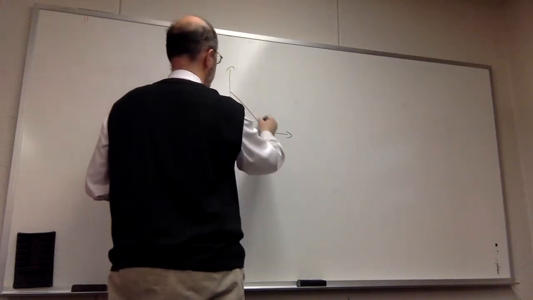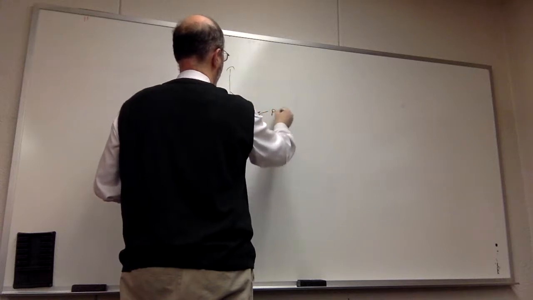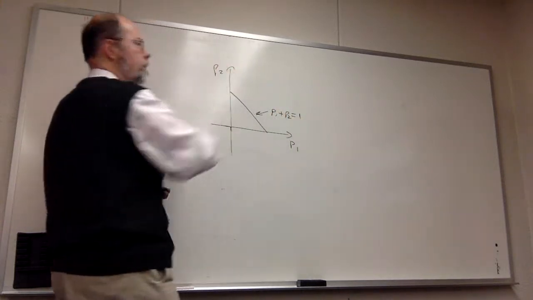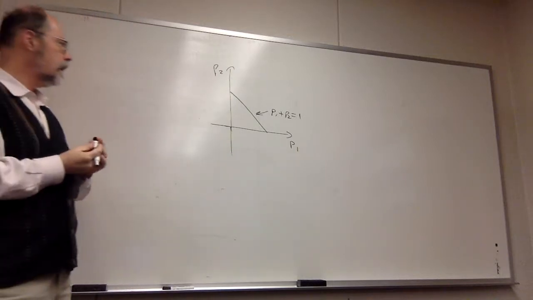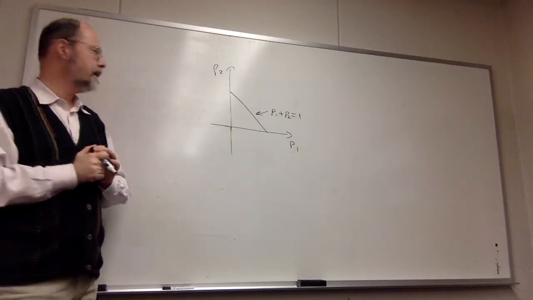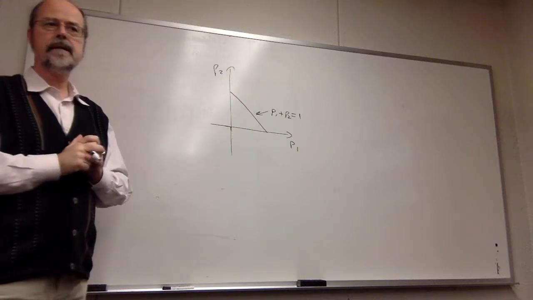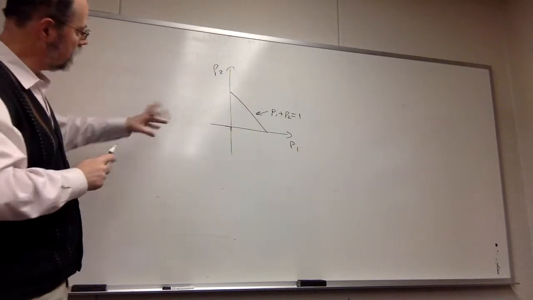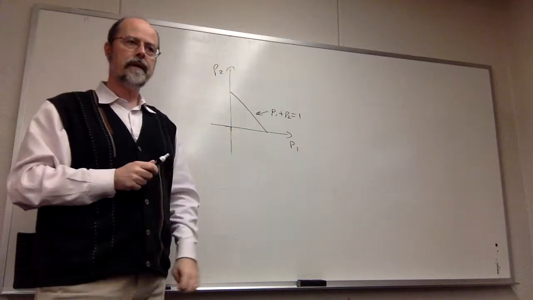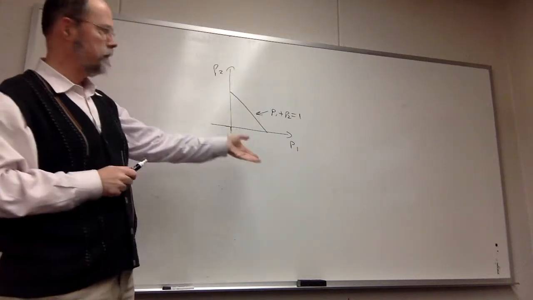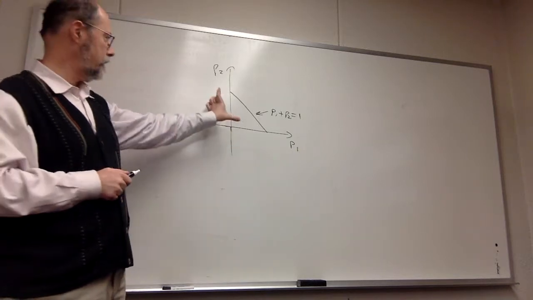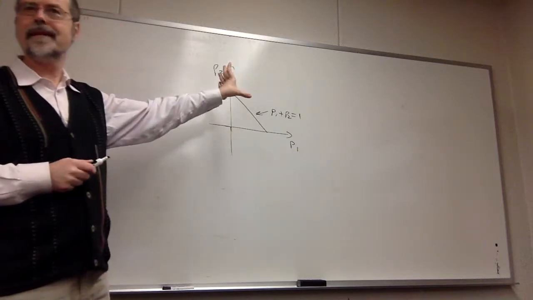When you expect to be using a compact convex set for a fixed point argument, and the set includes partly the prices, then you normalize them by P1 plus P2 equals 1, because now this is a compact convex set.